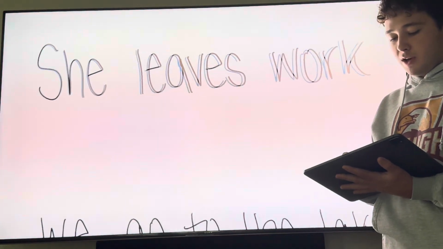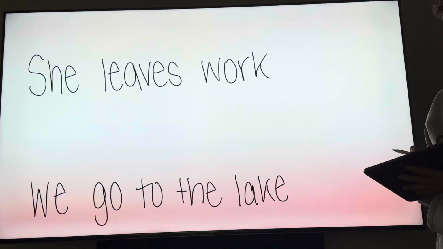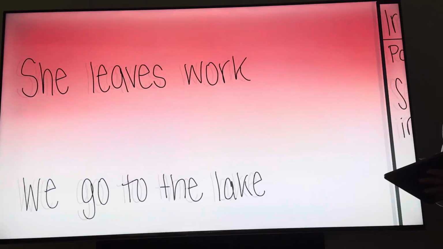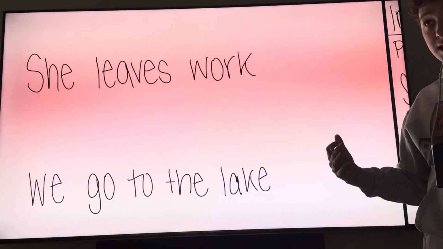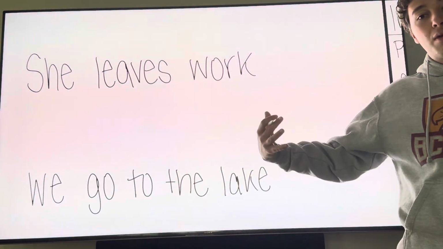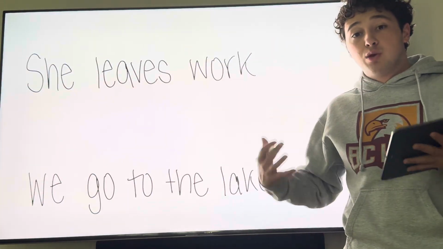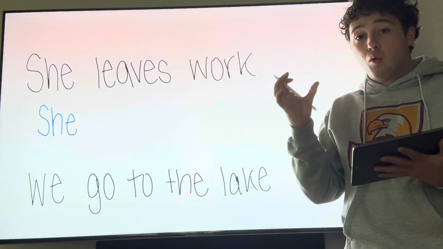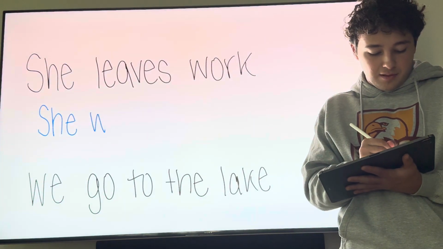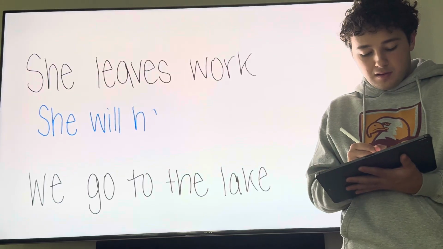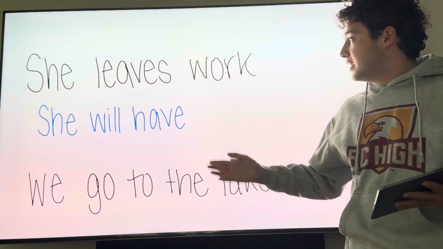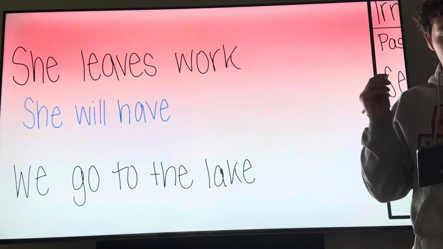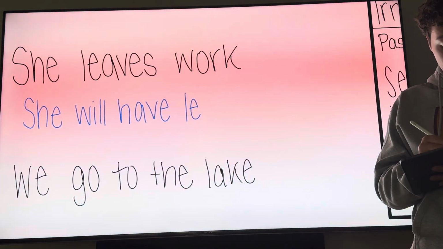So, this first one, she leaves work. We just looked at it above, and she leaves work is the present. Now, how do we format that into the future perfect? She will have, and then leaves is the verb, so we need our verb, and the past for the verb leave is left.